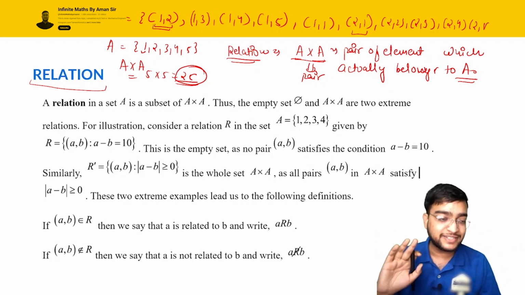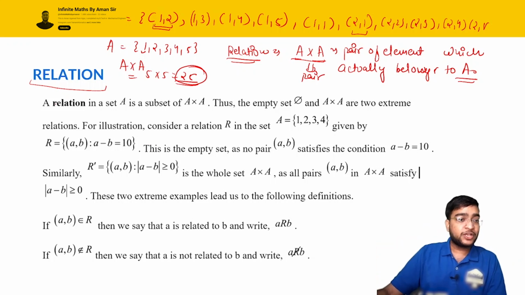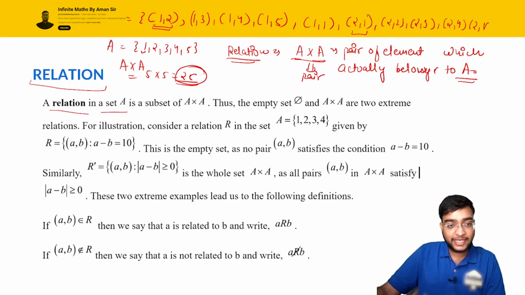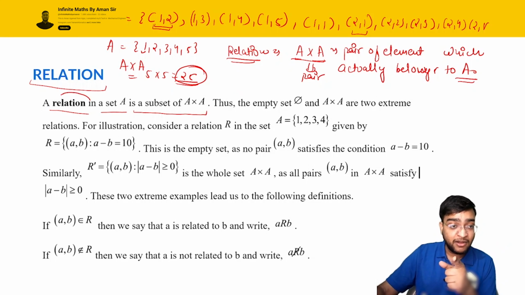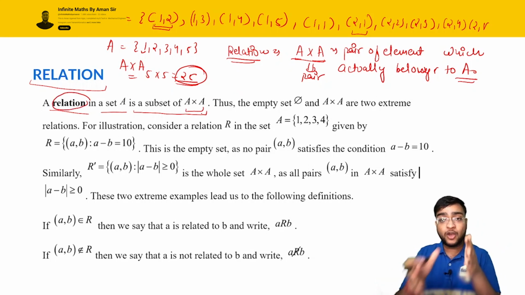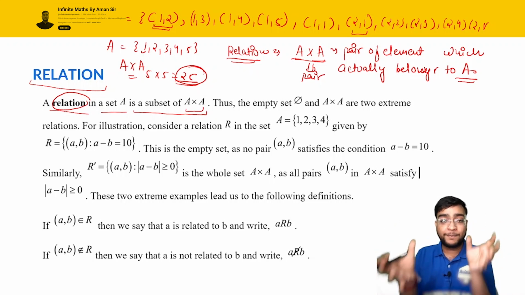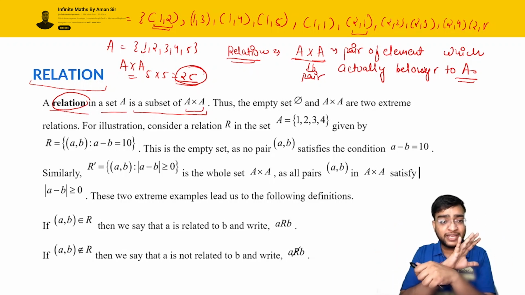Okay, let's take some definition also. I can say a relation in a set A is a subset of A cross A. I can give you an idea: you can find the relation here for the subset of A cross A. So all the whole elements or pairs which exist in A cross A are not in our relation here.